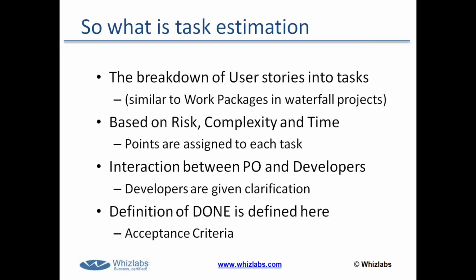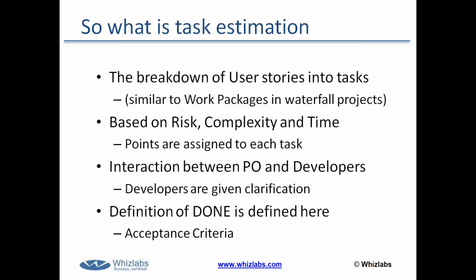So if, say, 10 user stories are broken down into 100 tasks, and the estimation, which we'll talk about in a future seminar, gives us that those 100 tasks will take, say, 320 points. Let's call them points now.